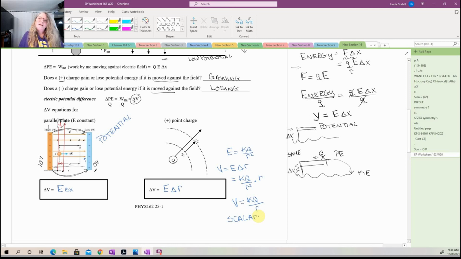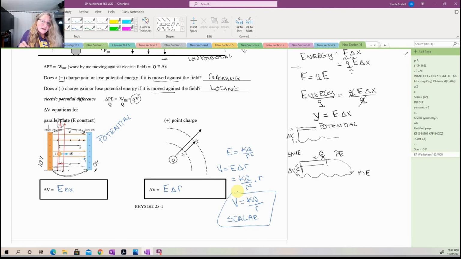Whew! No more vectors for a while. You get a little bit of a break. So my potential is a scalar quantity. This is why I really don't like doing this lecture before you take the exam, where I keep reminding you not to use the signs for your charges.